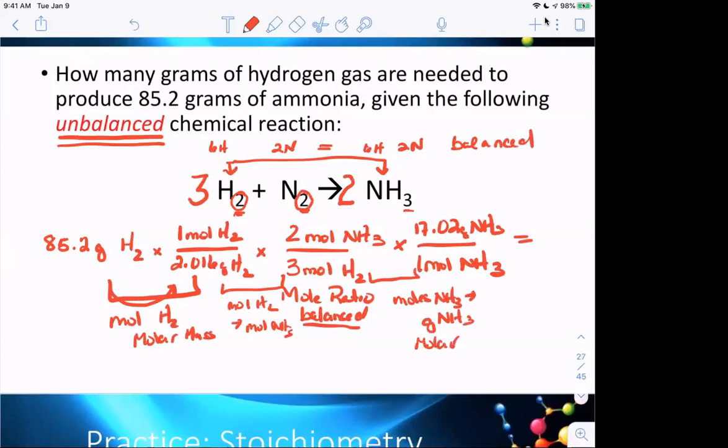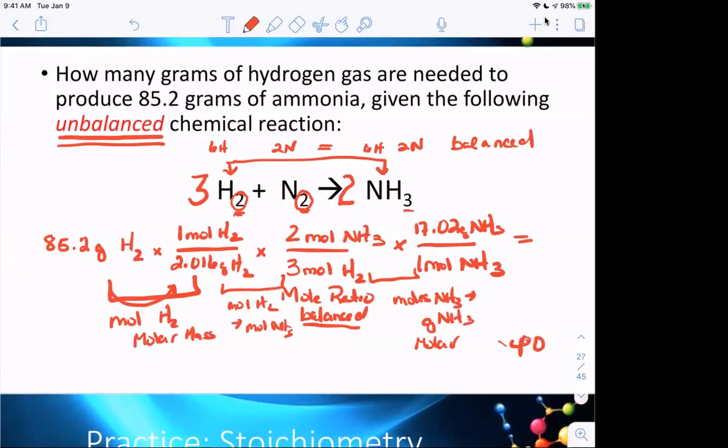So when I look at this, what I'm going to do is 85.2 times 2 times 17.02, enter. That gives me 2,900 and something, divided by 2.016, enter, divided by 3, enter.